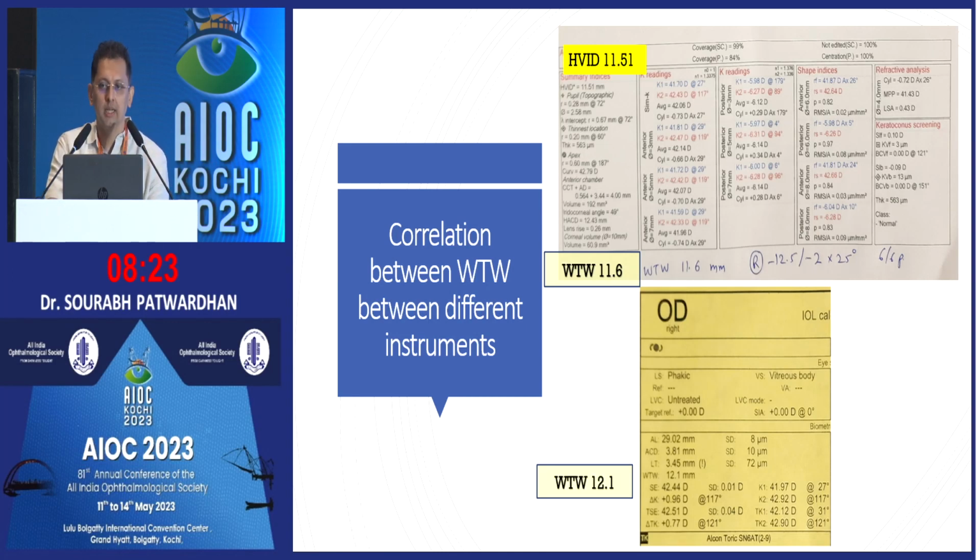Just do the digital caliper measurement, and generally in your equipment you will find there is a correlation. For example, what I find is that when I measure white to white with the IOLMaster 700 and then with digital calipers, the digital calipers always give 0.5 less than the 700. In the case of Cirrus, the HVID is almost similar. So if there is a mismatch between these readings, you can go back and check the white to white again.